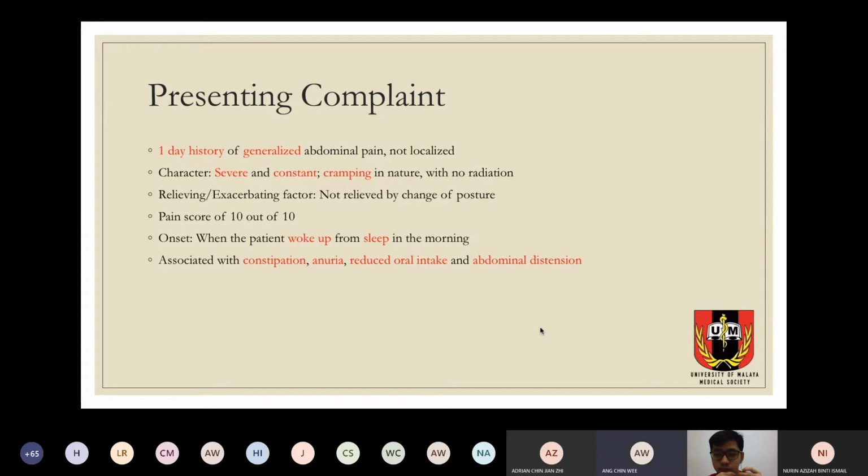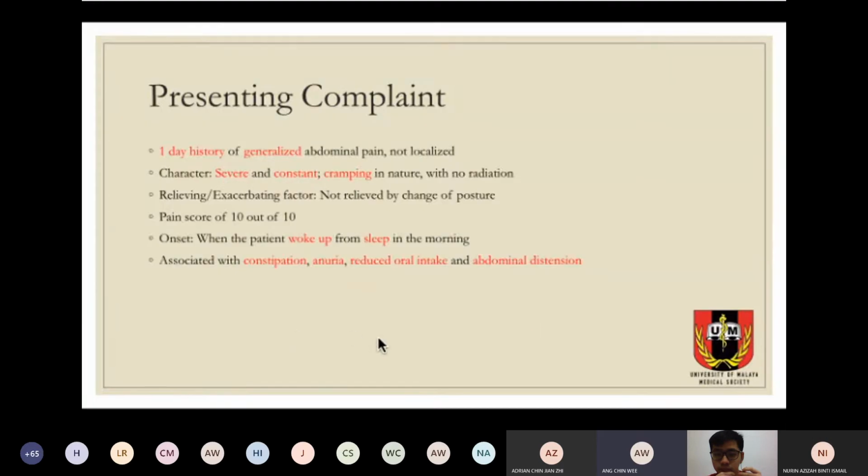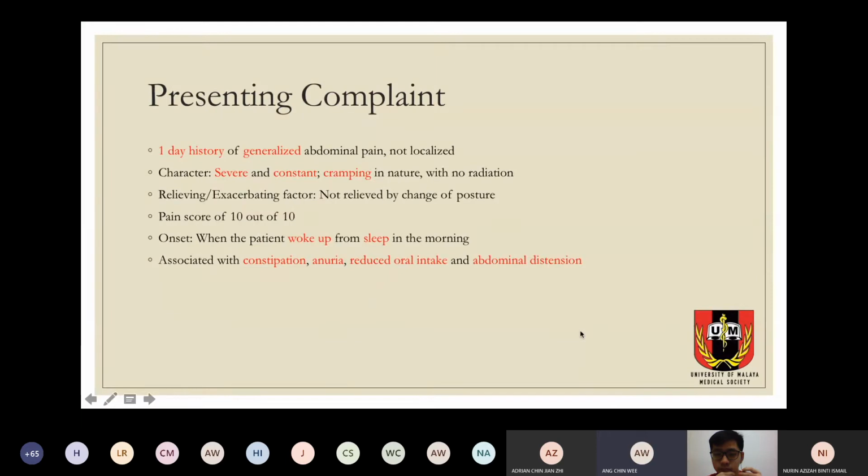You have to start thinking this is generalized peritonitis. Correct or not? Because the patient is telling you the pain is everywhere, very severe, and of very short duration. So straight away, before you even examine the patient, you have to think, does this patient have generalized peritonitis? Now, if it is generalized peritonitis, what could be the differential?